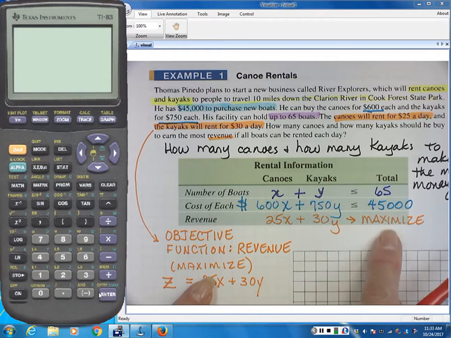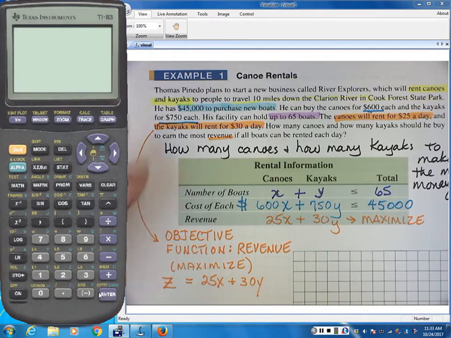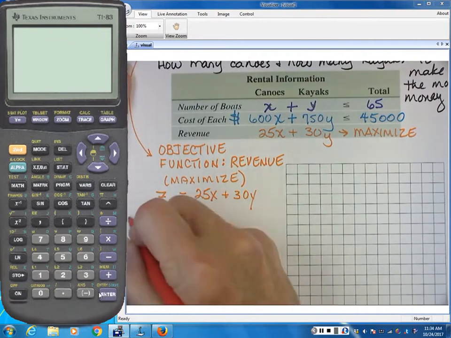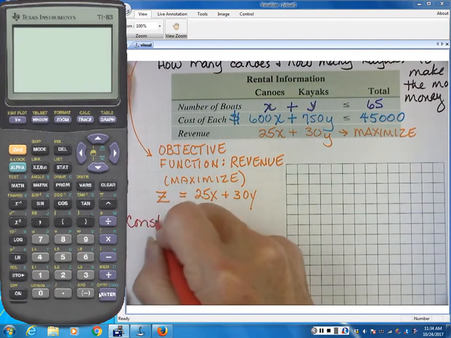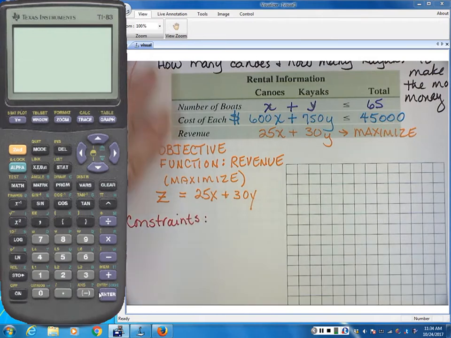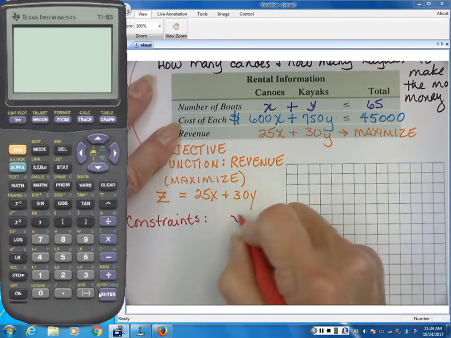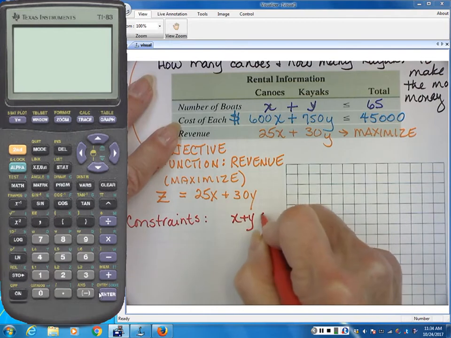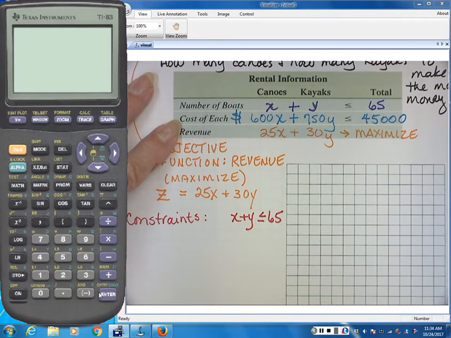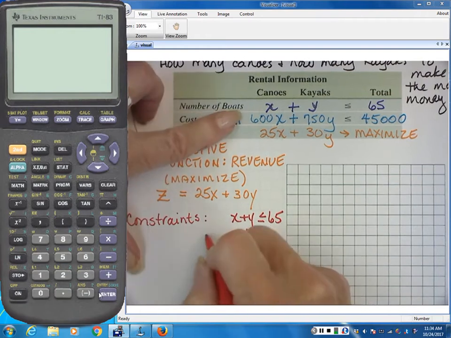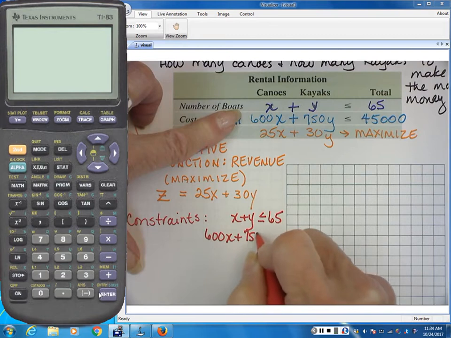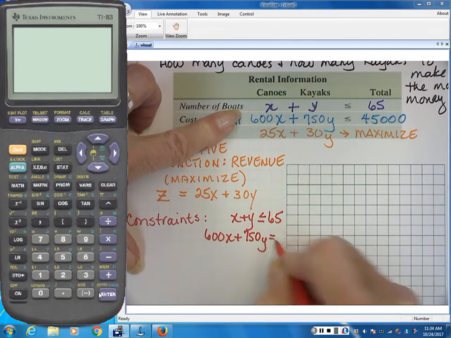What we need to do now is find the constraints. And your constraints are x plus y has to be equal to or less than 65, and 600x plus 750y is less than or equal to 45,000.